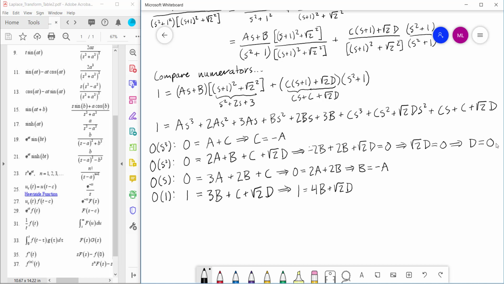And now that I have that d is equal to 0, we can come back down here, and this equation is then simply 1 is equal to 4b, which means b is a fourth, which means c is a fourth. That means a is negative 1/4, and up here c is back to a 1/4.